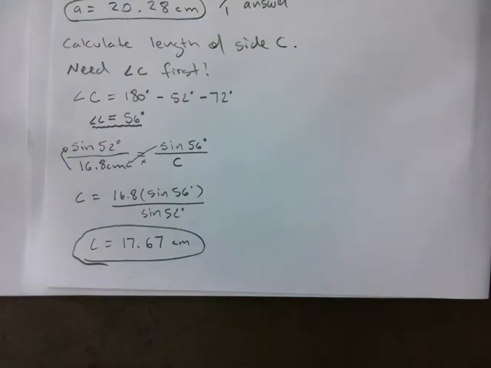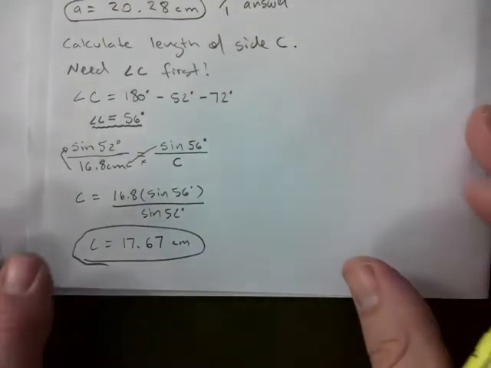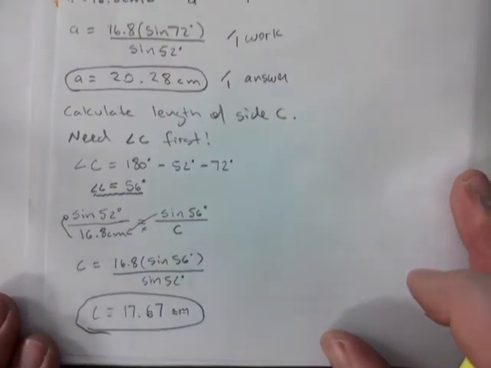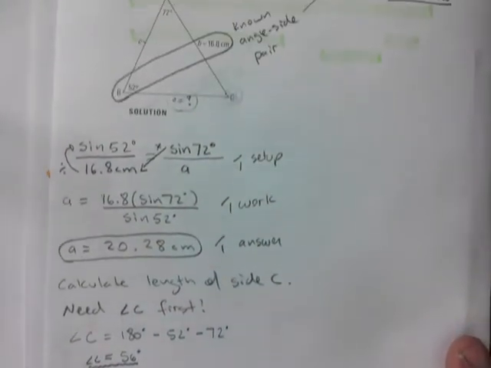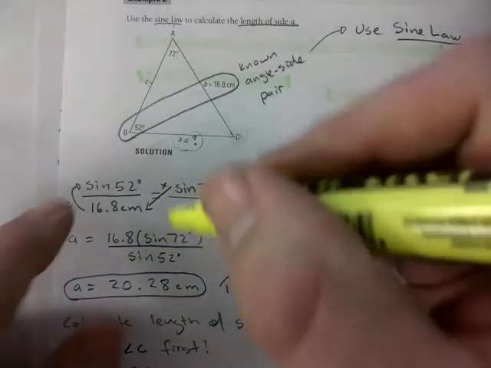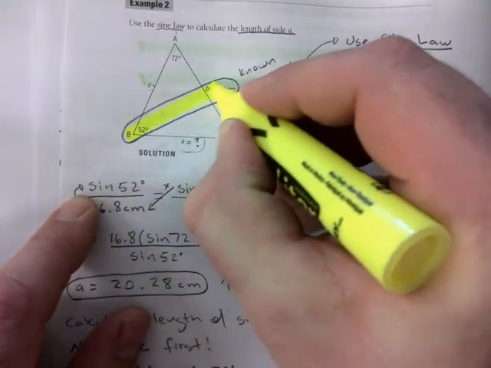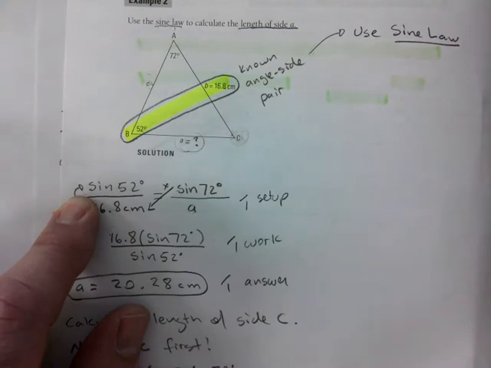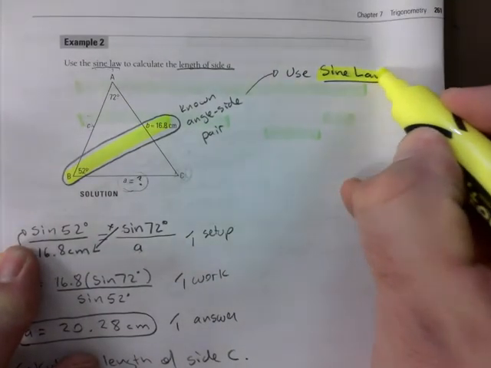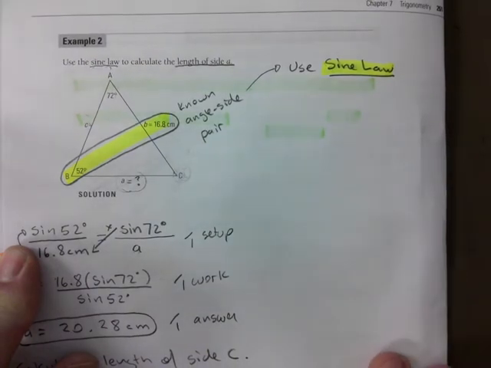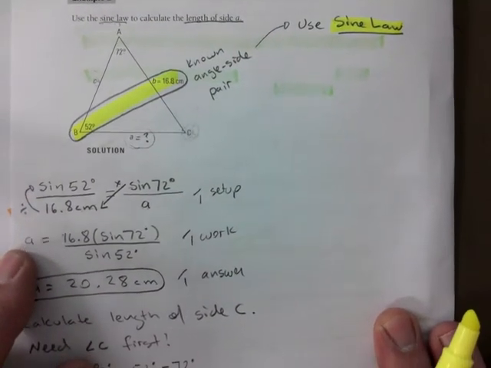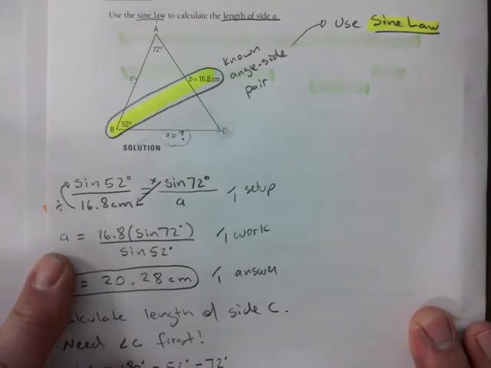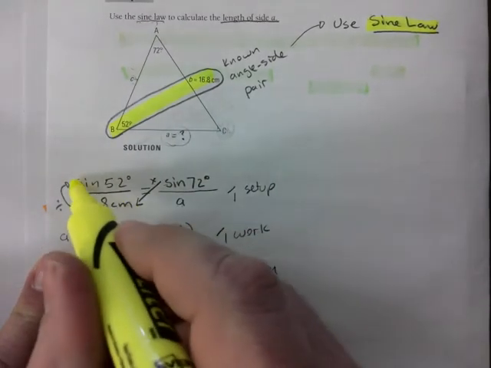Okay, if you have a highlighter, where's my yellow highlighter? Oh, here it is. Let's do this all together because it's really the highlight of everything we do. You identified this pair, right? You knew immediately that we're going to have to use the sine law, because Mr. Dirksen said so. For now, later on, you're going to figure it out for yourself.